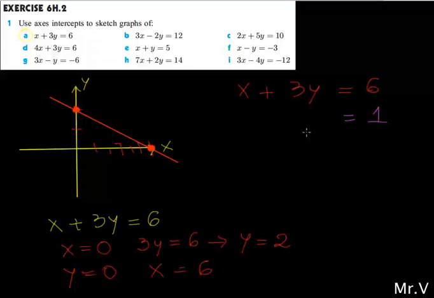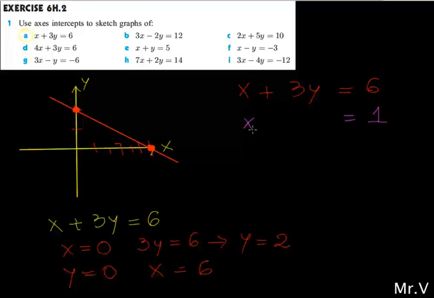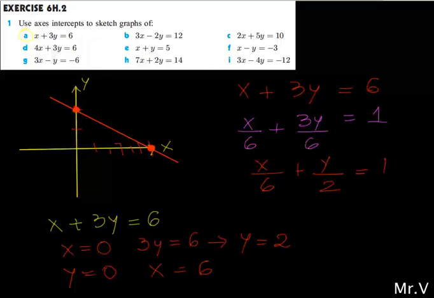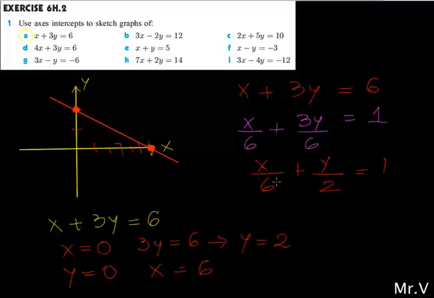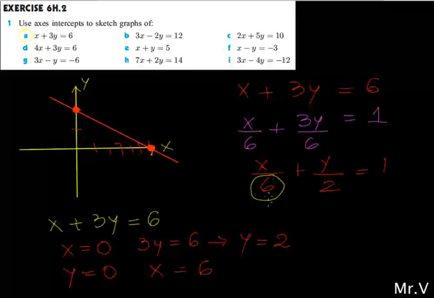So if I do that, I will have x over 6 plus 3y over 6. Once you have done that, just simplify. So I will have x over 6 plus y over 2 equal 1. And as I taught in class, you take this value, the one in the denominator, as your x-intercept.